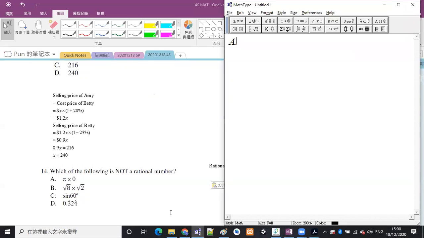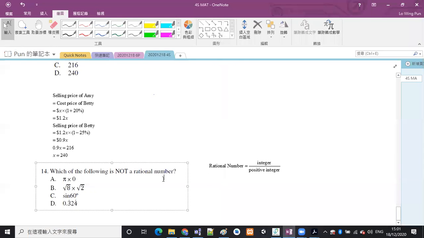So in option A, pi times 0 is equal to 0. And 0 can be written as 0 divided by 1. Integer over positive integer. So A is a rational number. If A is a rational number, then A is not the answer.